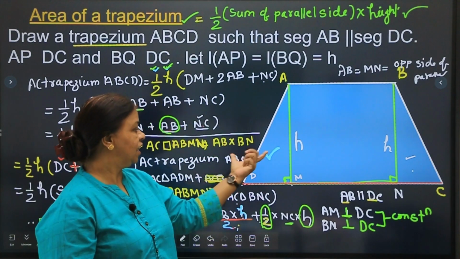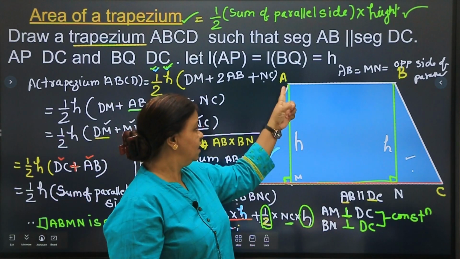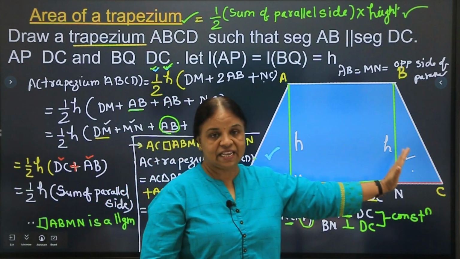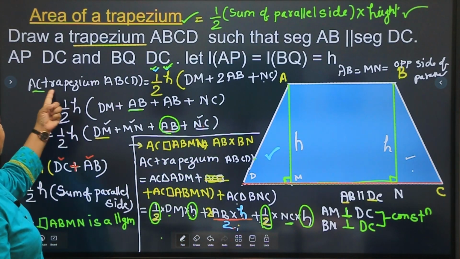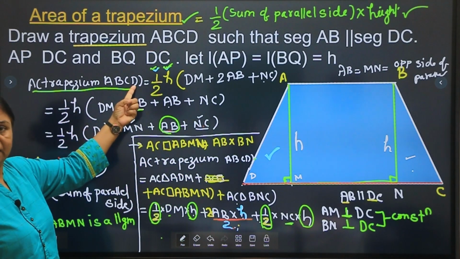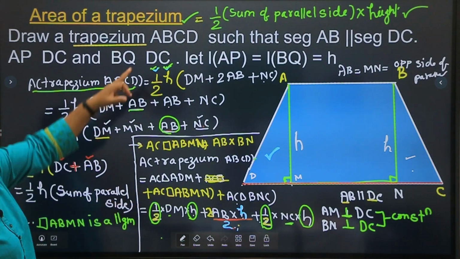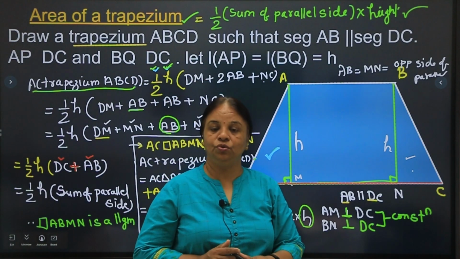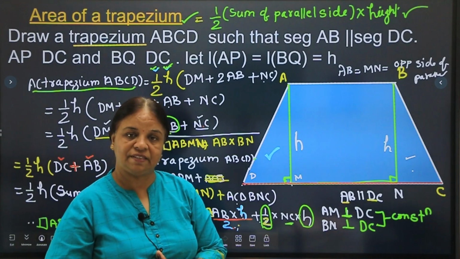So we will find the area of this triangle, and in the middle the area of this quadrilateral, and we will add all these areas. When we add all these areas, we will be getting the area of the trapezium. Clear? And then you place the values and you get the final answer. Area of trapezium is half into sum of the parallel sides into height of the trapezium.